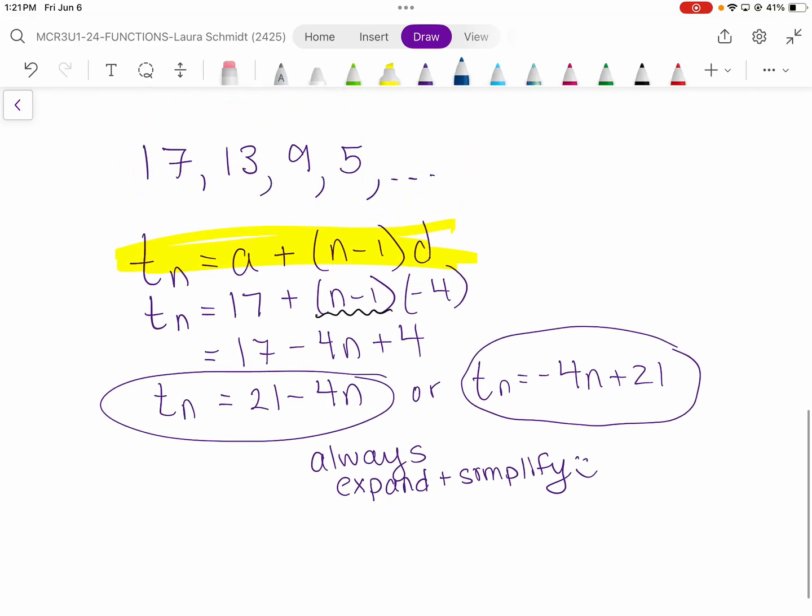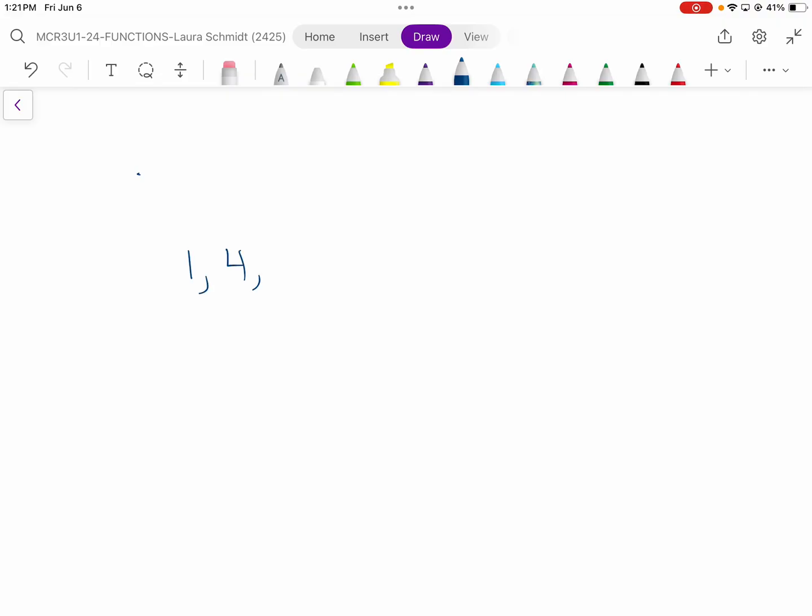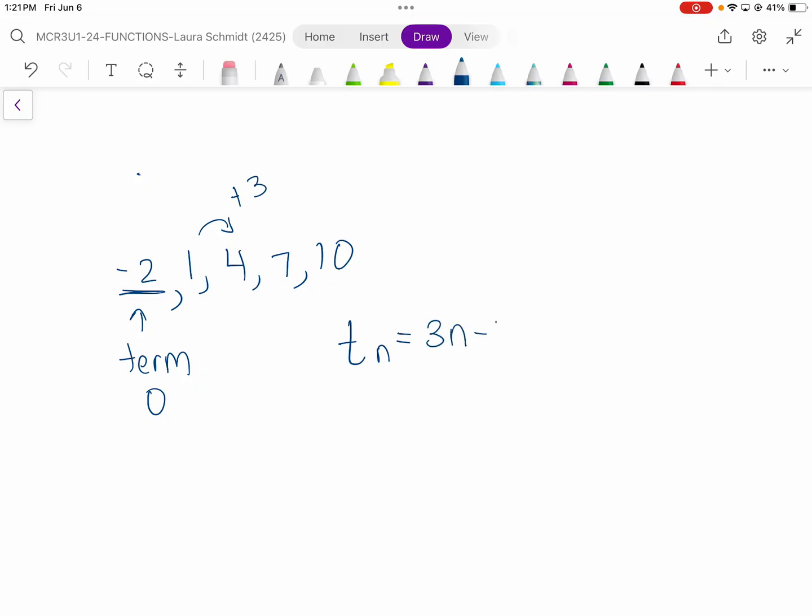If you had a sequence that was like 1, 4, 7, 10, you can tell it's going up by 3. I know that the term 0 would actually be -2. So I could right away just say 3n minus 2 is going to be my formula, if you didn't want to do the whole thing.